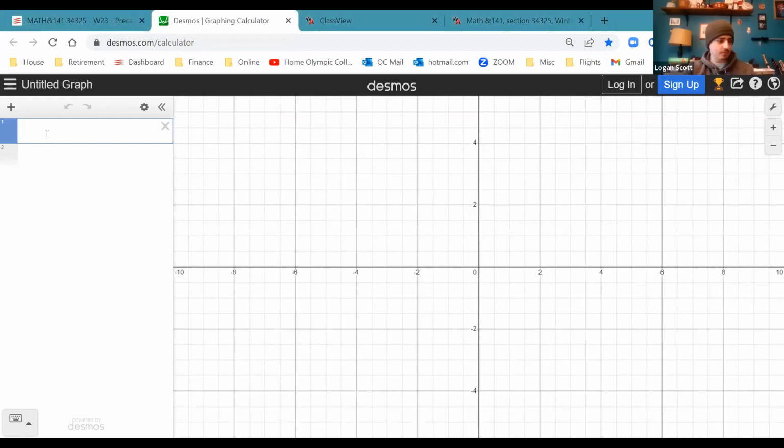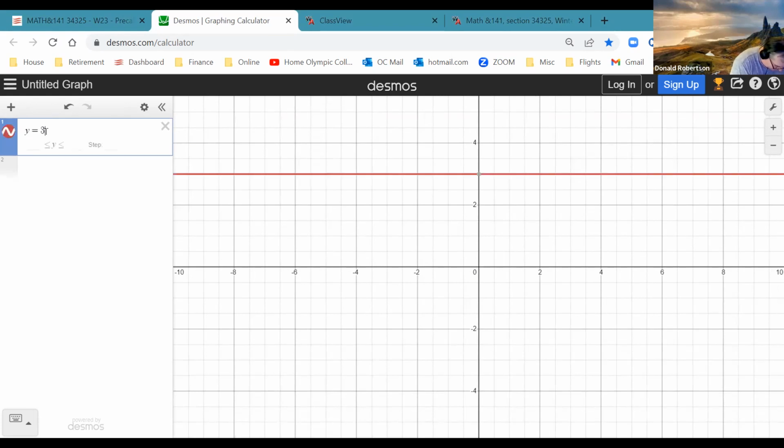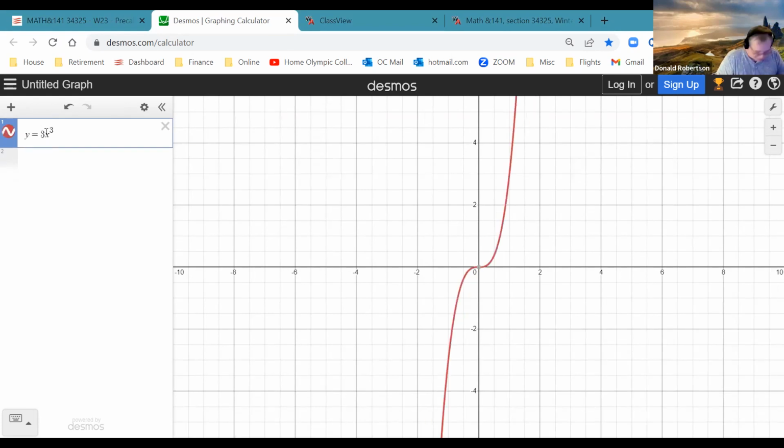So I'm going to put in the first guy. Our first function was 3x cubed take away 2x. So 3x, oops, forgot my y's. Y equals 3x cubed. And what else do we want? Take away 2x.